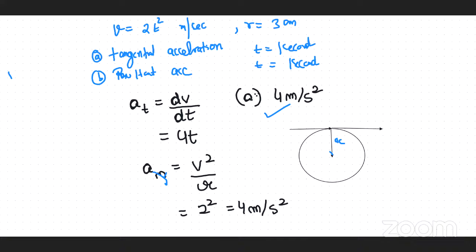So law of parallelogram लगा रहा हूँ मैं इस पे. If I apply the law of parallelogram on this, then the direction of the vector is this. This is the direction of net acceleration, the resultant. Magnitude, Pythagoras. Yes sir.